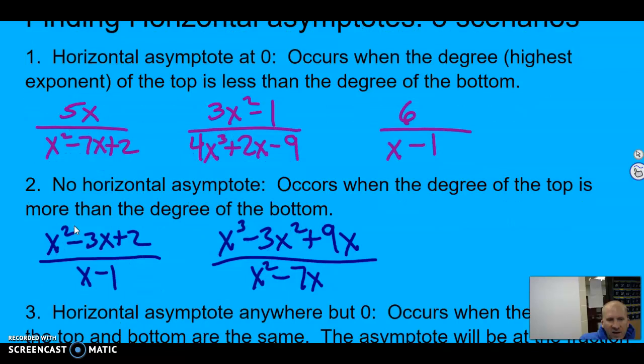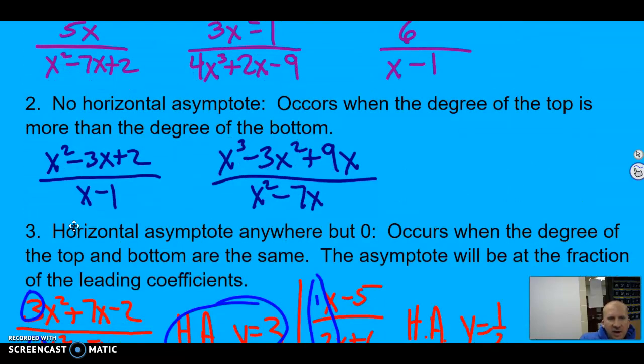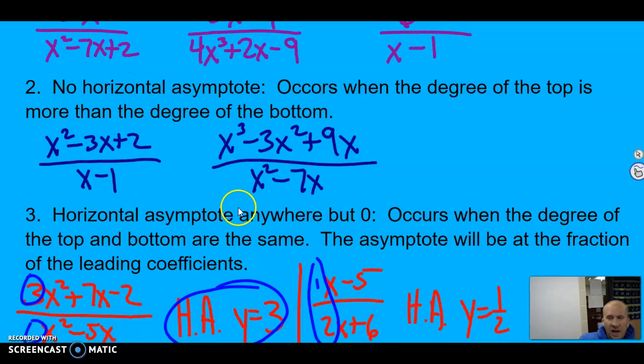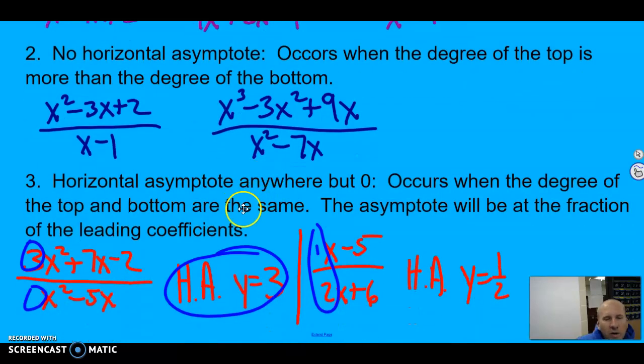All right, and finally, the third scenario. We've done top is less than bottom, top is more than bottom. What if the top and bottom are the same? That's going to be the situation where you have a horizontal asymptote located anywhere but at 0. So when the top and the bottom are the same, your asymptote is going to occur at the fraction of the leading coefficients.